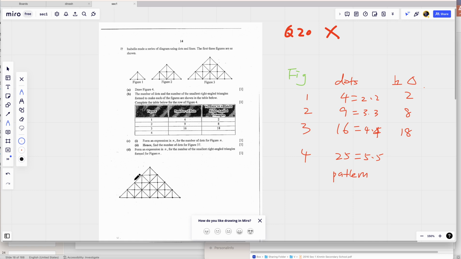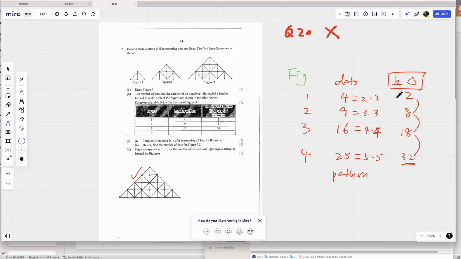So you count 32 right angle triangles, is it? Yeah. Okay, so what's the trend here? n plus 1 squared. For this pattern? I think so. No, I'm talking about the right angle triangles. You don't answer blindly, okay?